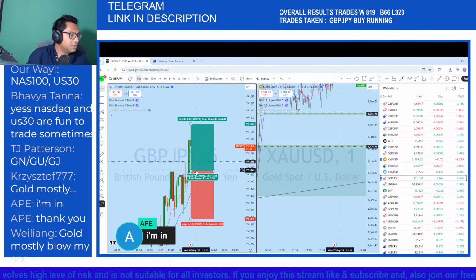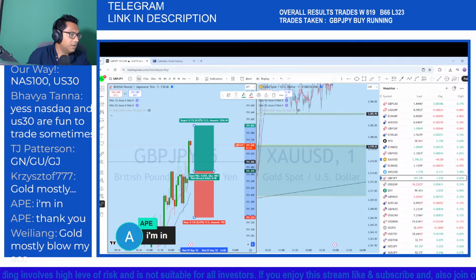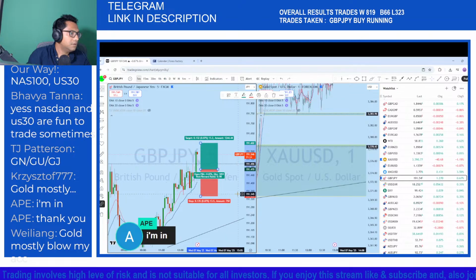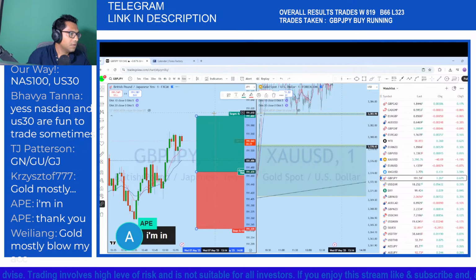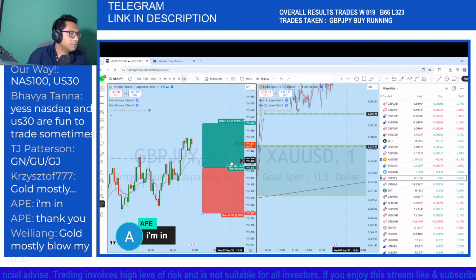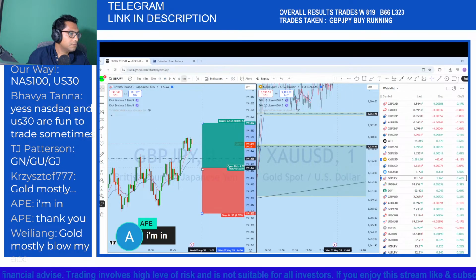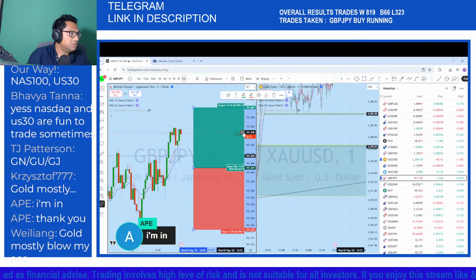Okay, it didn't retest that level, and now with a retest, if it's not trending, we are on the 1 minute on GBP JPY.